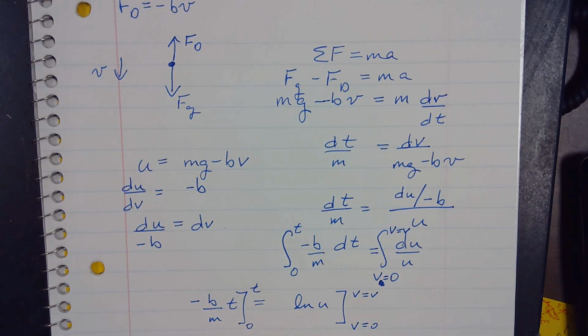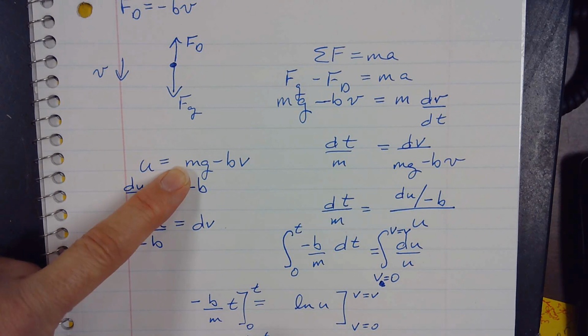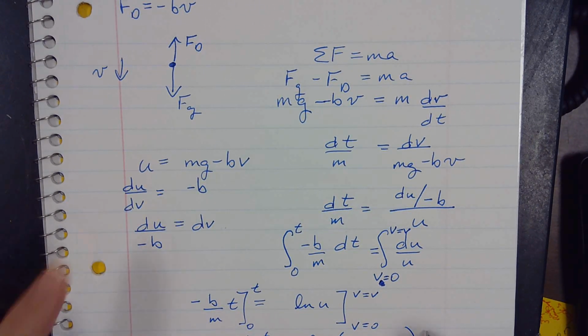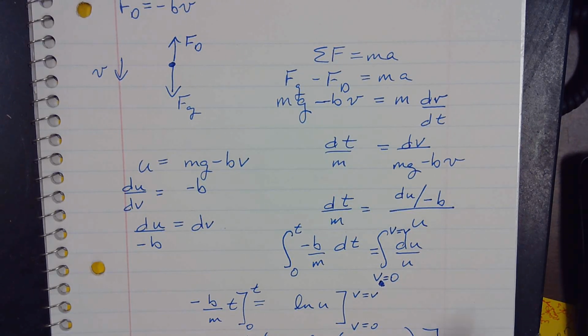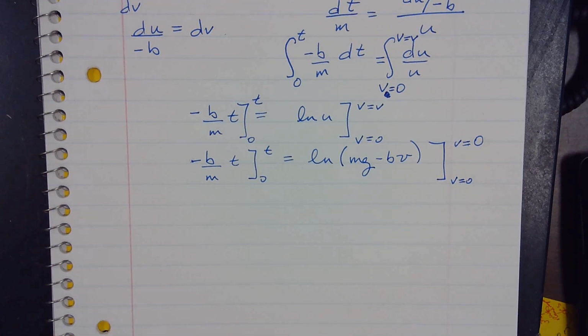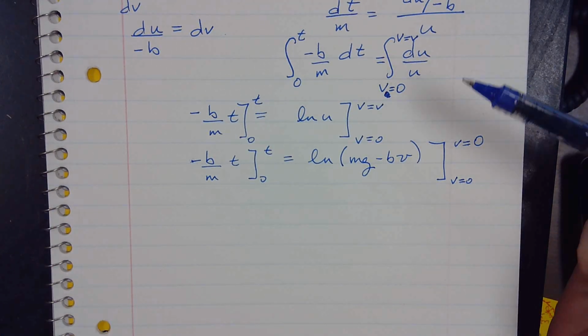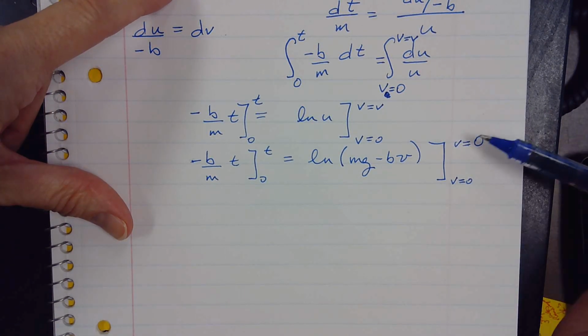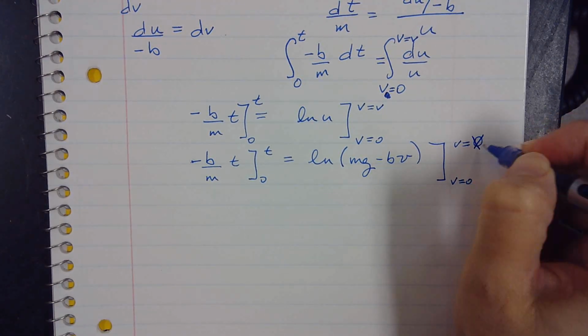And so now I'm going to go back to mg minus bv. And now, because I've got my v's, I might as well write it. So all I did, because that wasn't quite all on the screen, I just put u, I got rid of u and went back to the original things. And now I'm going to substitute, and I wrote that wrong. That's supposed to be a v.